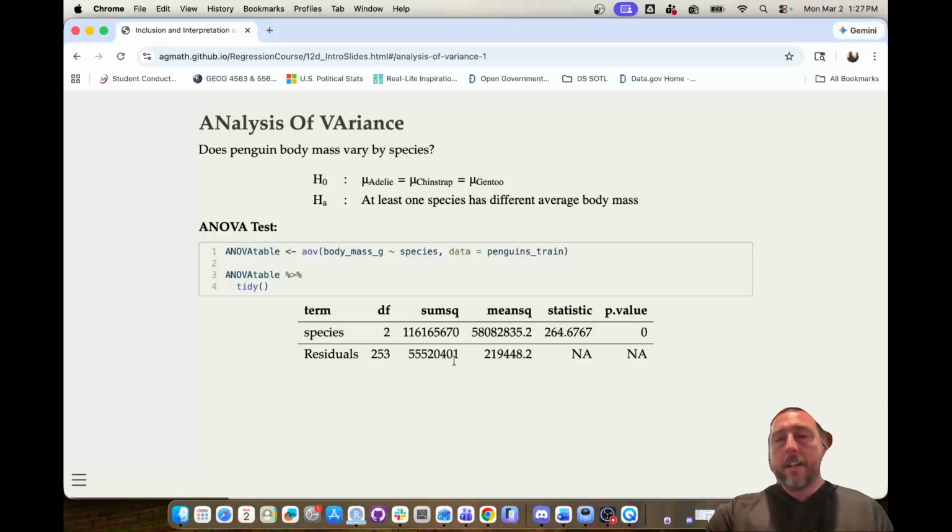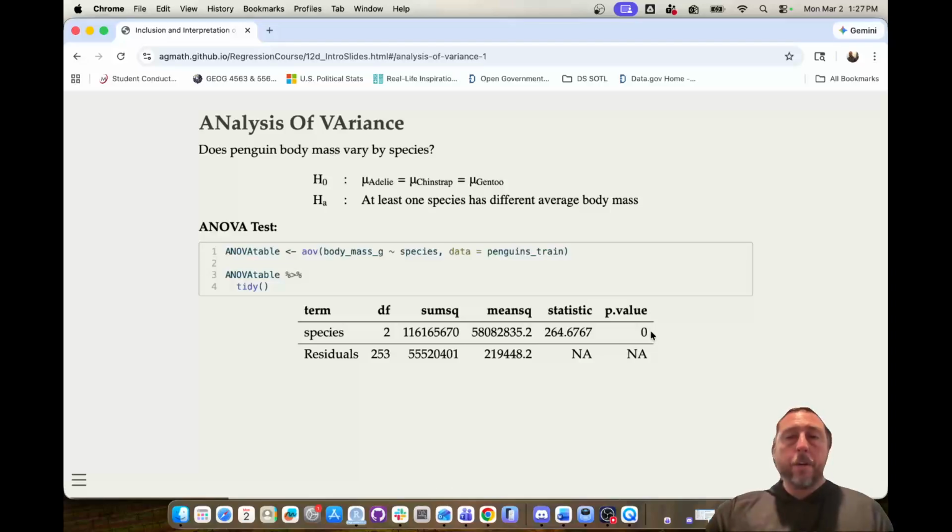Throughout conducting the ANOVA test, we calculate sum of squared values, mean squared values. We calculate an F statistic. Not going to go over any of that here because that's not the point of this discussion. But again, just like with all of our previous hypothesis tests, we calculate a statistic and use it to find a p-value.